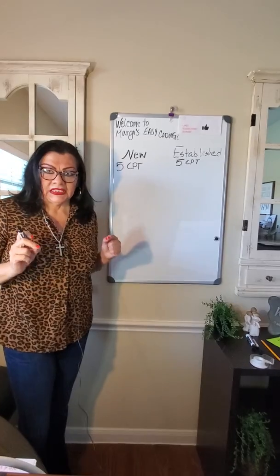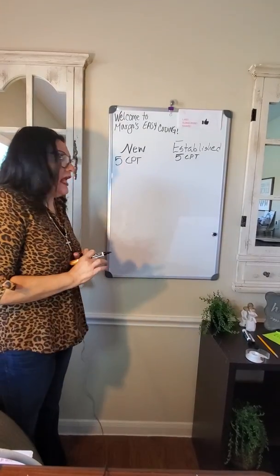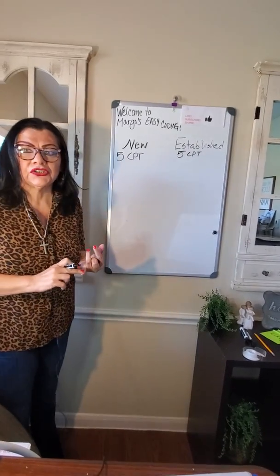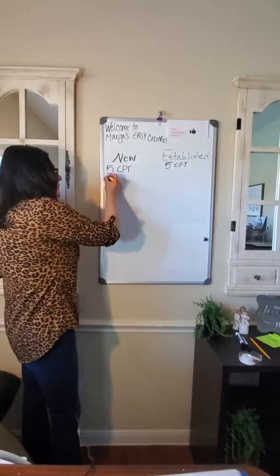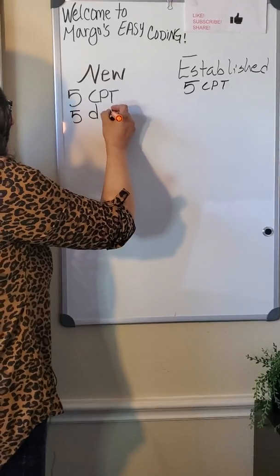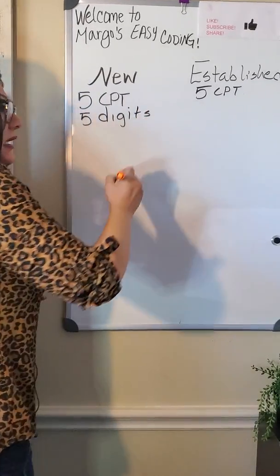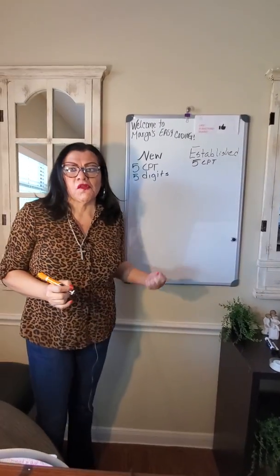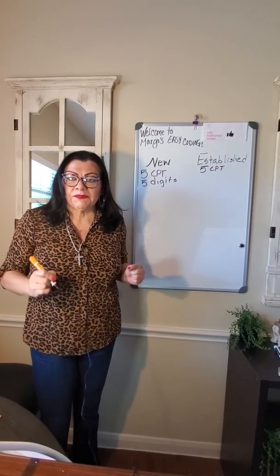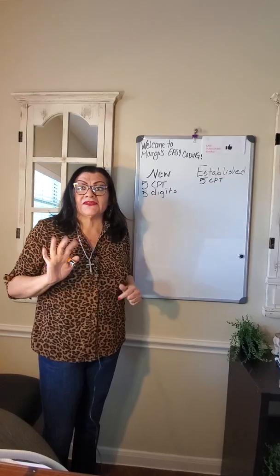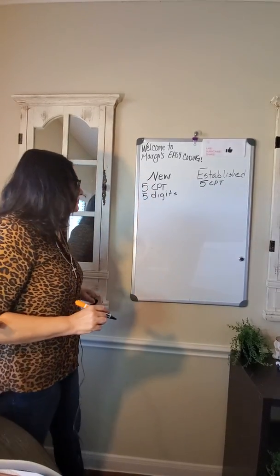All of the CPT codes for any kind of procedure, service, they're always 5 digits. If somebody tells you that they're 3 or 4 or 6 or 7, they're lying to you. All the CPT codes are 5 digits, okay?